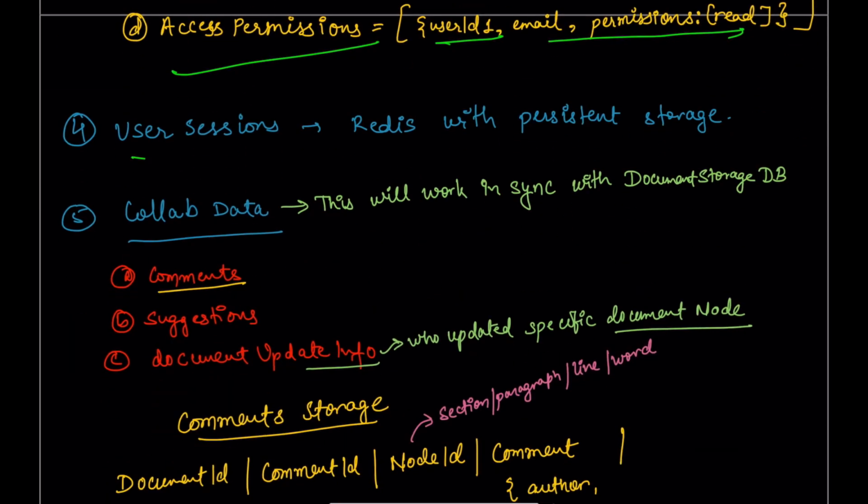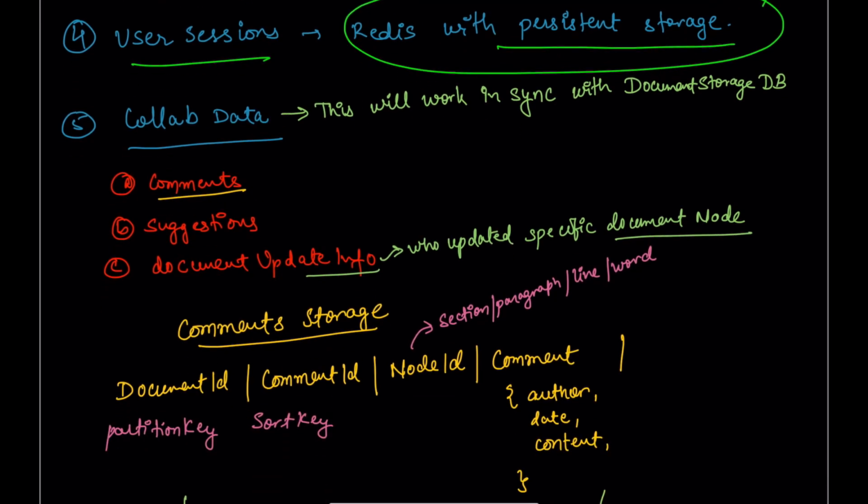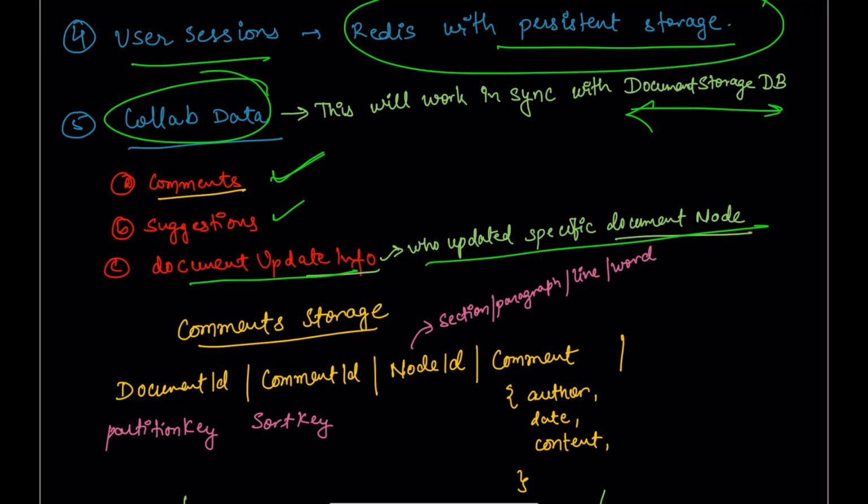Okay, in case of user sessions, we have already discussed that we have a Redis with persistent storage, and finally we have collab data. This will work in sync with the document storage DB. Definitely whatever update is being done by multiple collaborators for the specific document, we want to keep that similar. Let's say the comment section or the suggestions or document update info, who updated a specific document node.